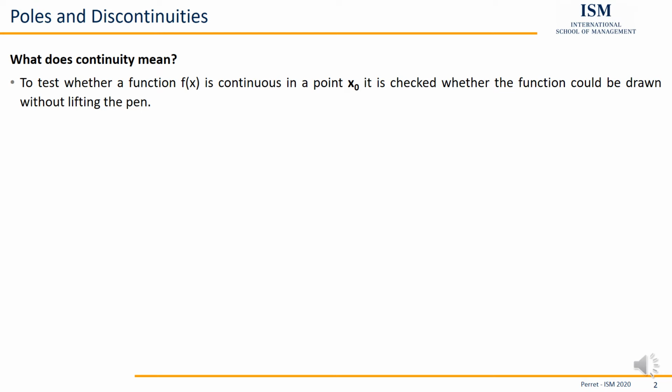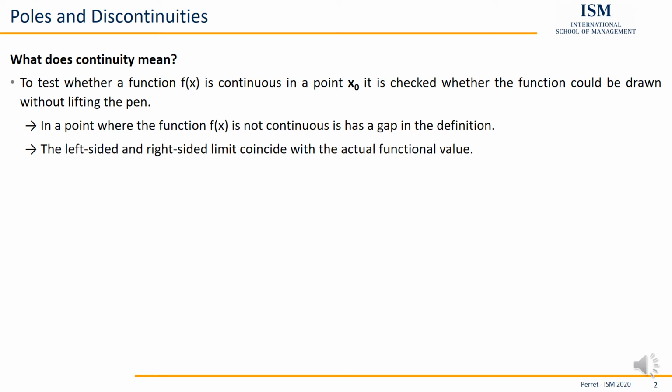If this is possible, then in the area where I actually can draw the whole function without lifting the pen, the function is continuous. If I have to lift the pen at one point, at this point there's a discontinuity. Well, the nice thing about this approach is it's pretty close to the mathematical one.